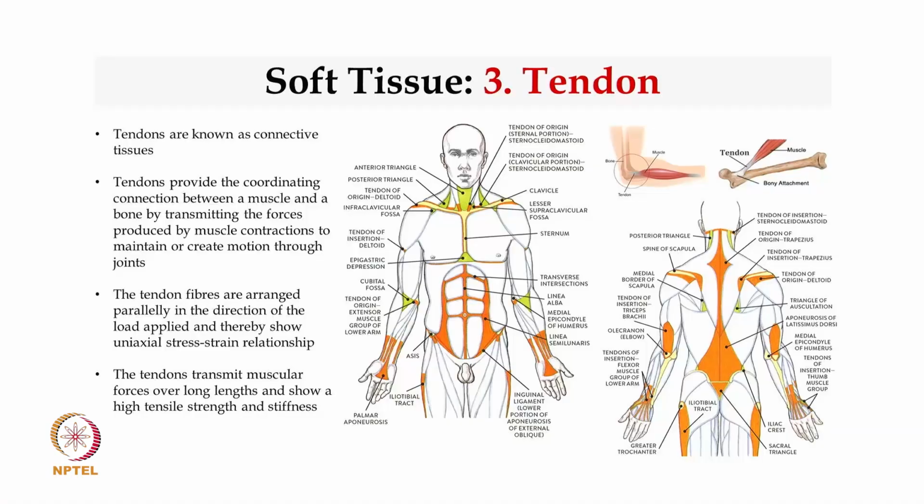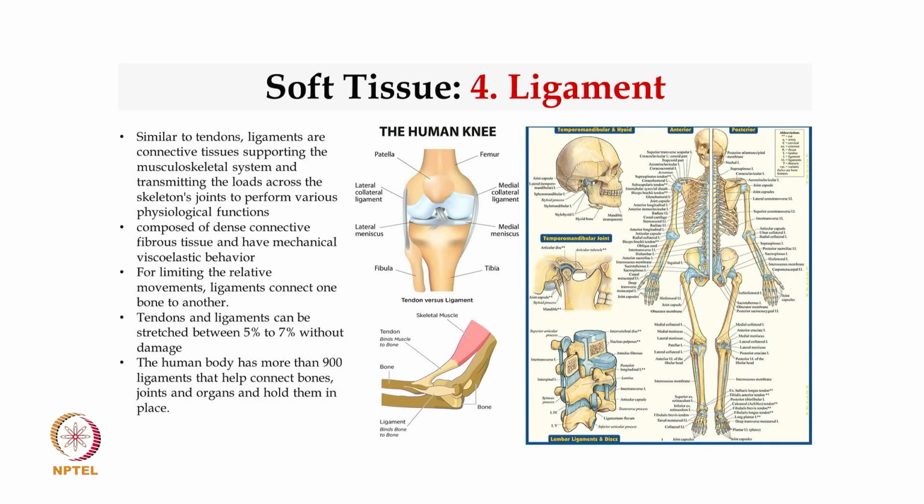Okay, so going further, not digging into the different sorts of tendons, the next one is ligament. This is again a very important soft tissue, very similar to tendons. Ligaments are connective tissues again from that family, and they support the musculoskeletal system and transmit the loads across the skeletal joints, right, to perform various physiological functions.